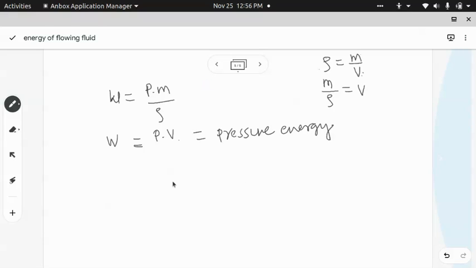And everything we have to calculate per unit volume, because we had calculated kinetic energy per unit volume and potential energy per unit volume. So here also you have to calculate pressure energy per unit volume.